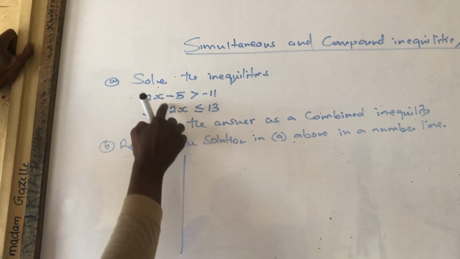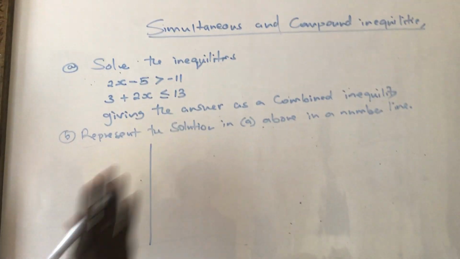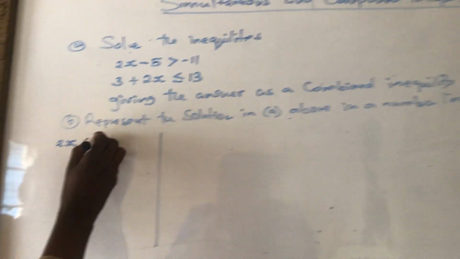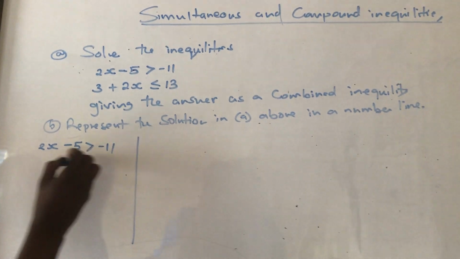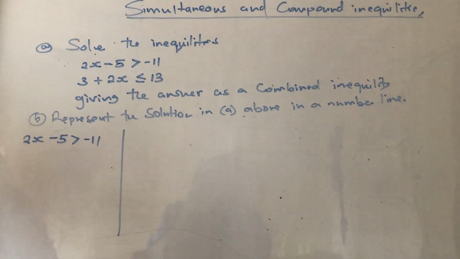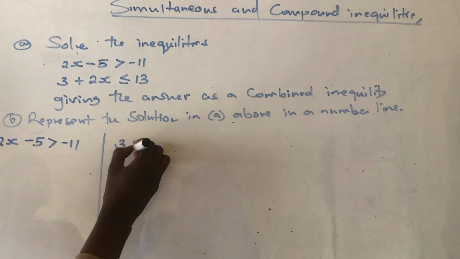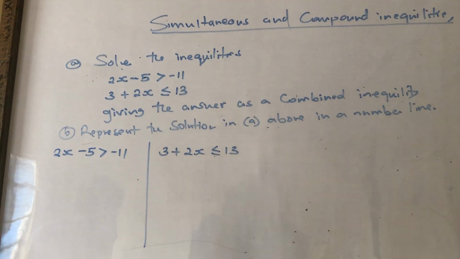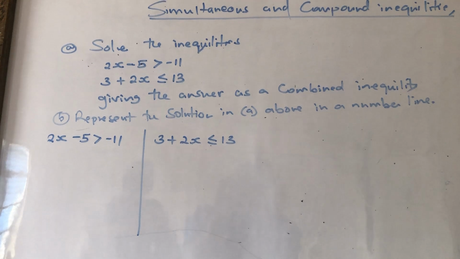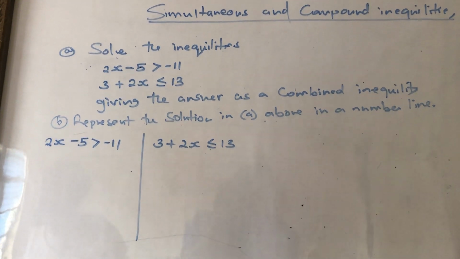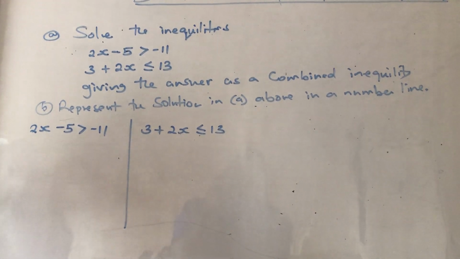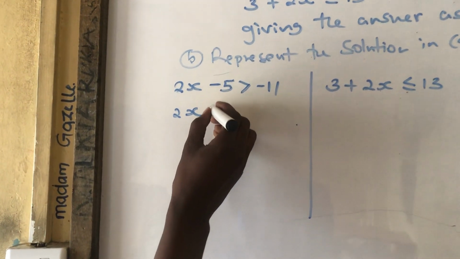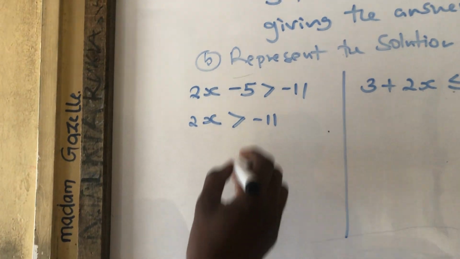I'm going to solve the two inequalities separately. 2x minus 5 is greater than negative 11, and 3 plus 2x is less than or equal to 13. Starting with the first one, I'll have 2x is greater than negative 11.